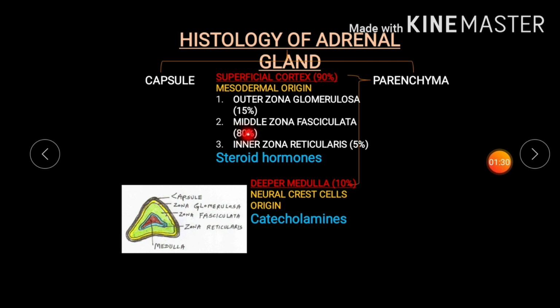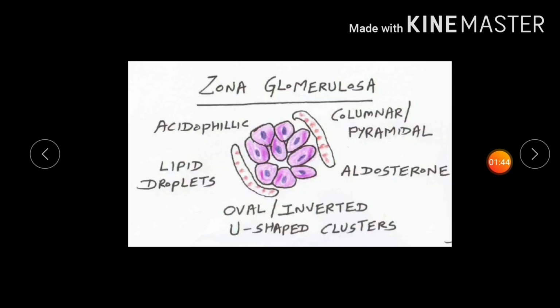The cortex mainly produces steroid hormones, while the medulla chiefly produces the catecholamines, adrenaline as well as noradrenaline.